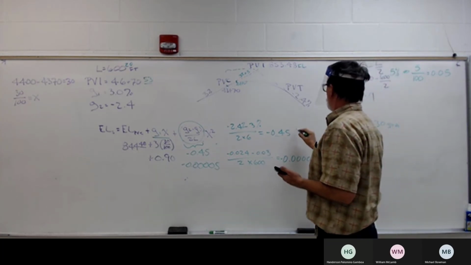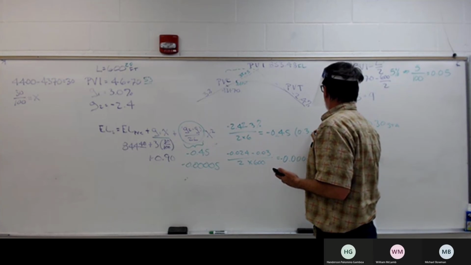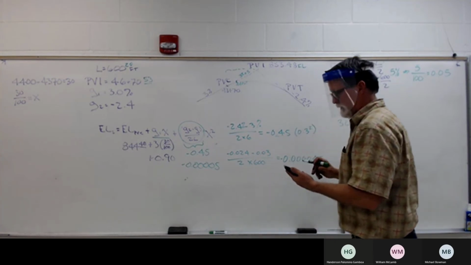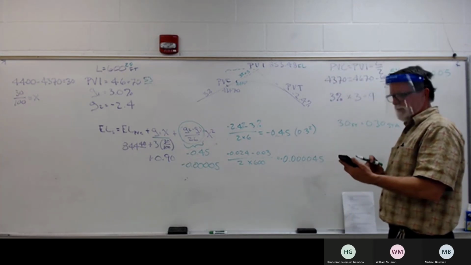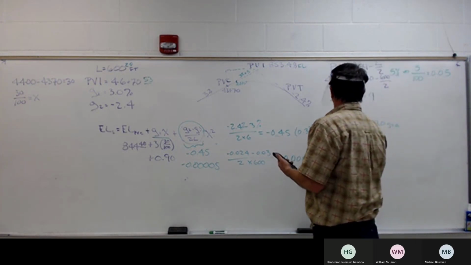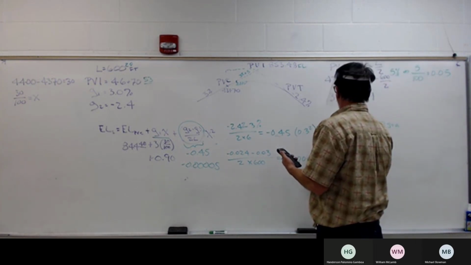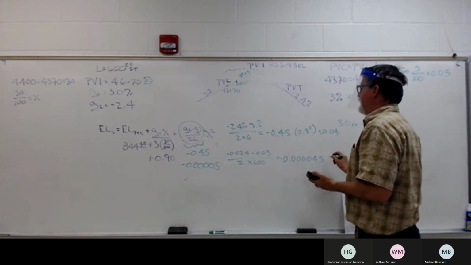So if I take this and multiply it by 0.3 stations squared, which is 0.09, times 0.45, which gives me 0.04, the negative.